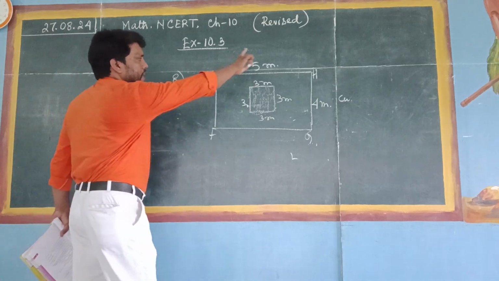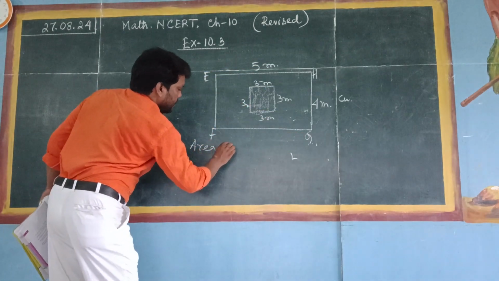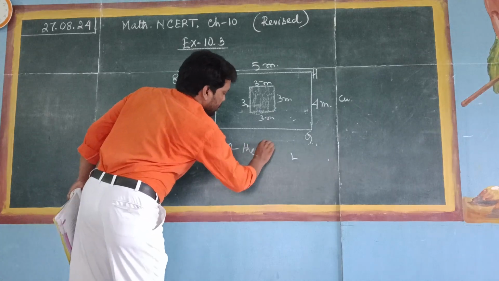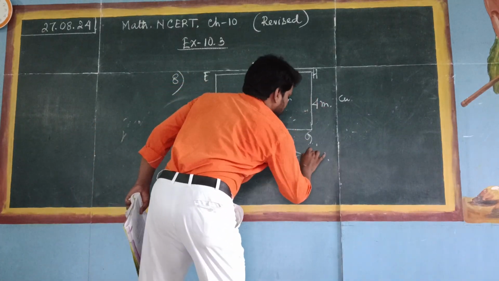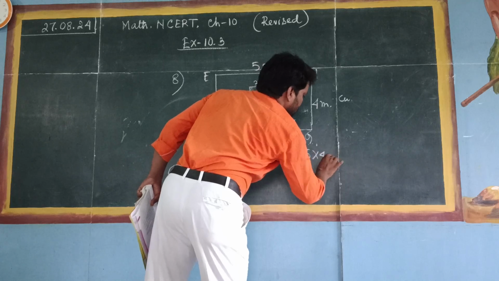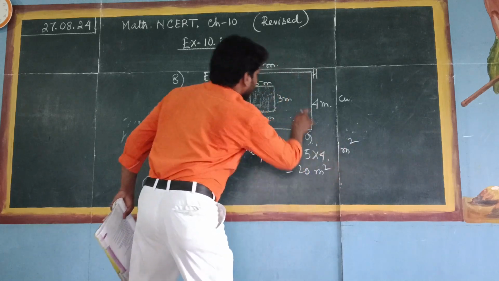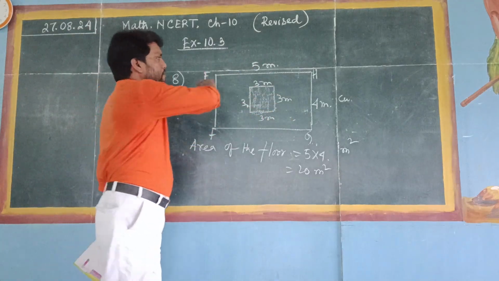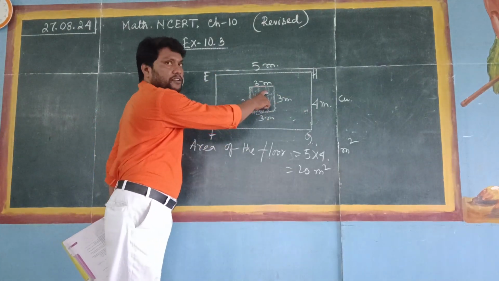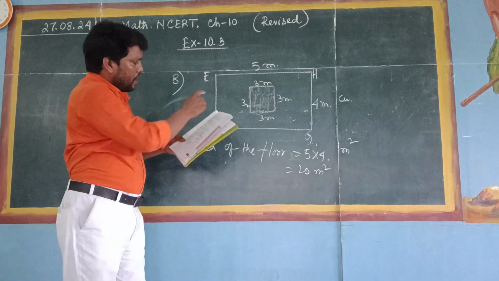So at first you will find the area of the floor. Area of the floor is 5 into 4 meter square, that means 20 meter square. From the total floor, this portion will be subtracted. What is this?